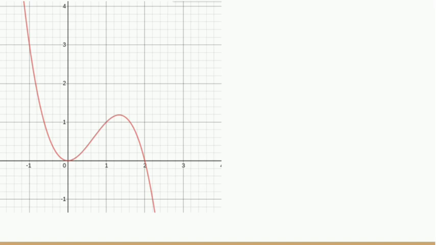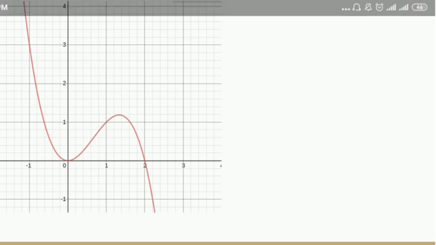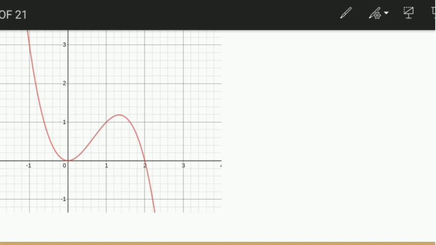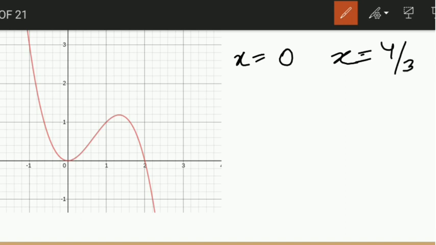The points which we found by calculating were x is equal to 0 and x is equal to 4 by 3. The function was minus x cube plus 2x square, and the first derivative was minus 3x square plus 4x.